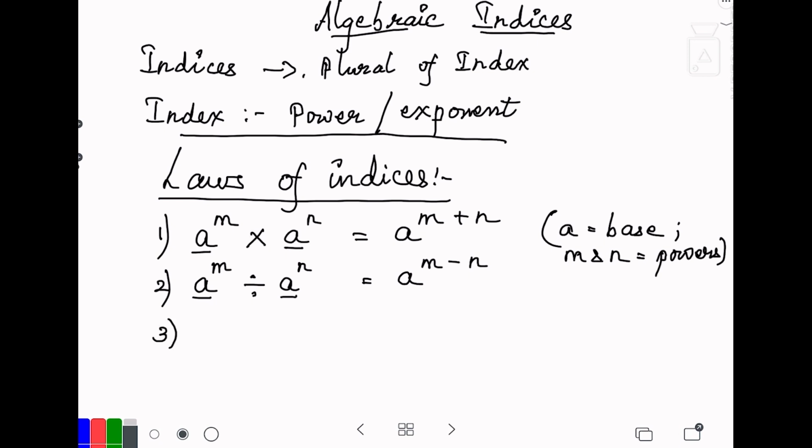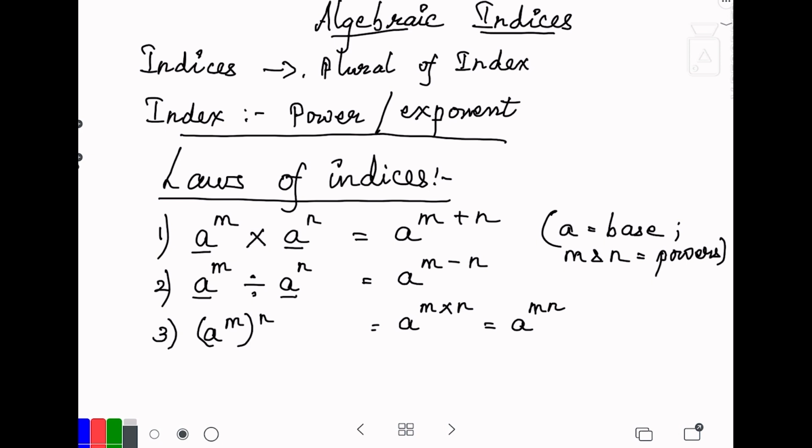Now come to the third law. What is the third one? A to the power of m to the power of n. What does it do when a power of power comes? The rule says you have to multiply. So a to the power of m times n, or else you can simply write a to the power of mn.